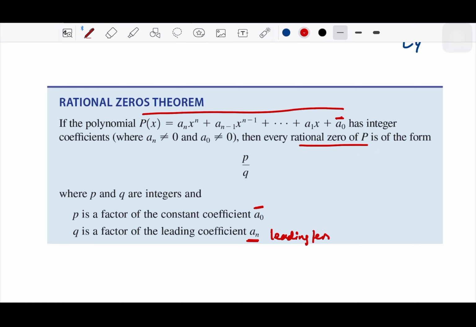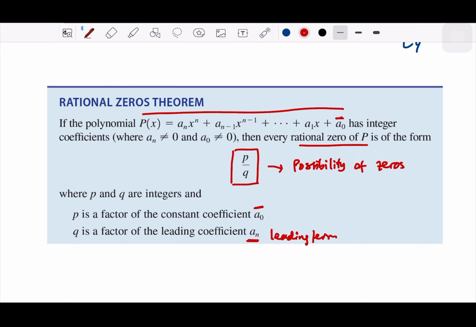The leading term is at the front, usually the one with the highest degree. So the form is p over q. This p over q is a possibility of zeros.